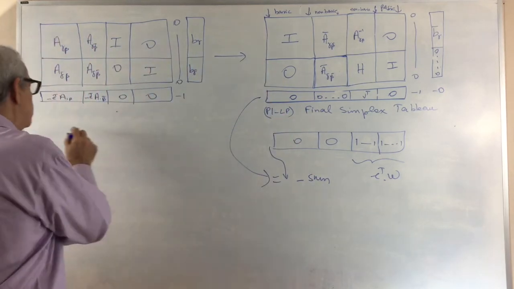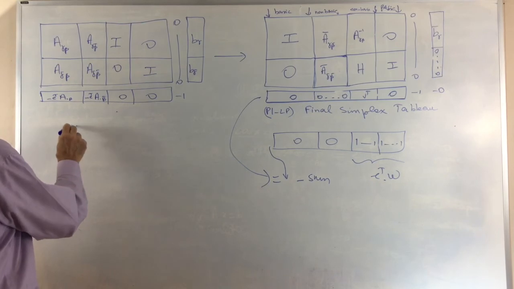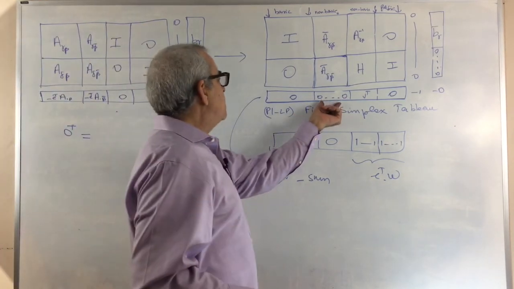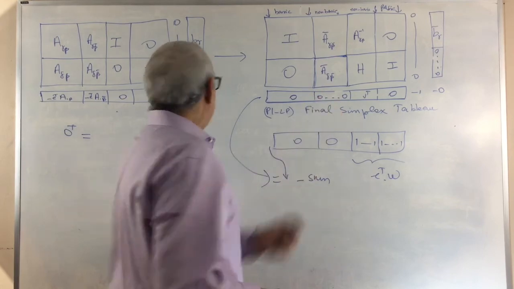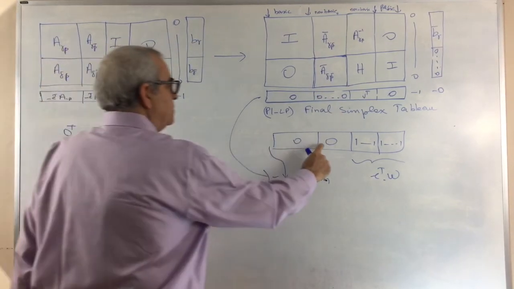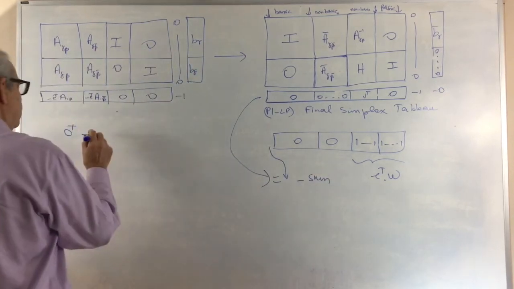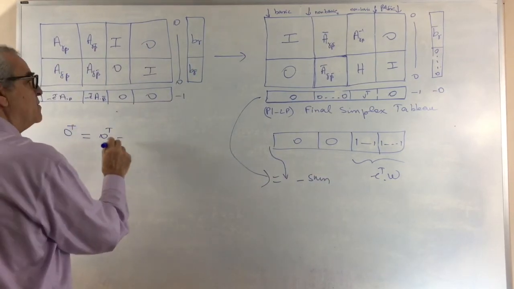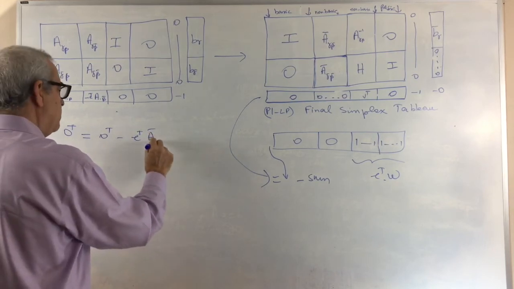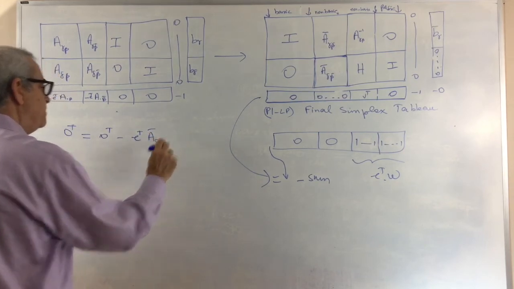So in other words, 0 transpose, so this is 0 transpose right over here. That's equal to 0 here, right? 0 transpose minus E transpose A bar of gamma bar beta bar.